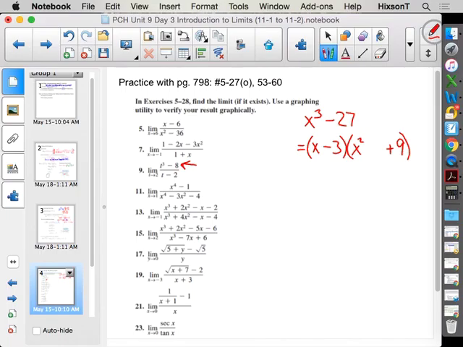The middle term is where you got to remember. If you take these two and multiply them together, you get negative 3x. You put the opposite of that in the middle. So whatever this is, you put the opposite of that in the middle.